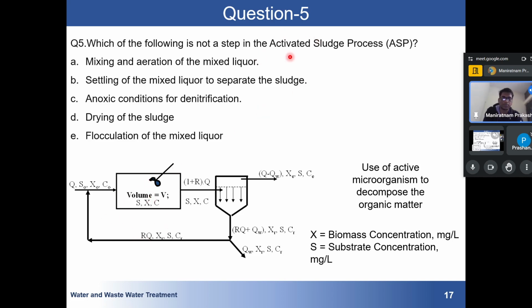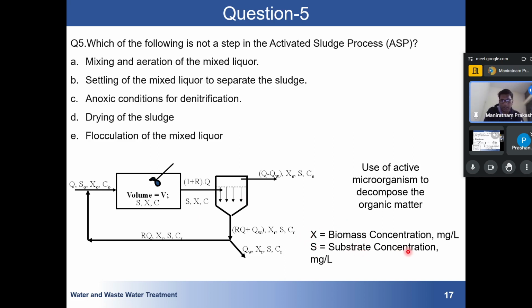That's why the term is activated. I am activating my wastewater for the formation of sludge. For activating it, I am using the sludge present here, and that sludge contains active microorganisms. This increases the efficiency of decomposition of organic matter by microbes.